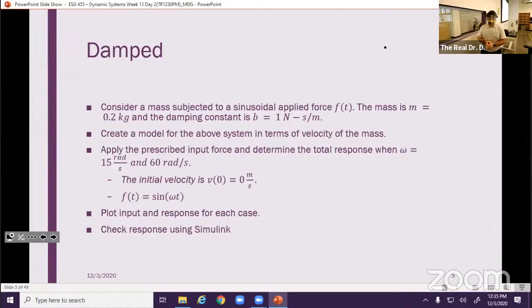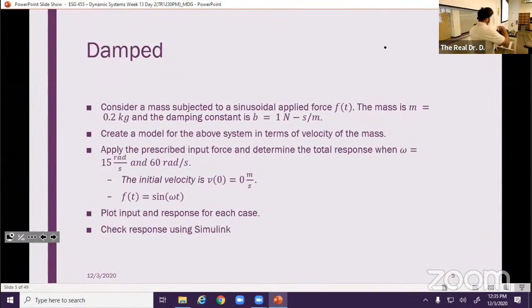We want to create a model for the above system in terms of the velocity of the mass, and we want to apply the prescribed input force and determine the total response when ω is equal to 15 radians per second, but also when ω is equal to 60 radians per second. I don't want to say meters per second before; they're both radians per second.